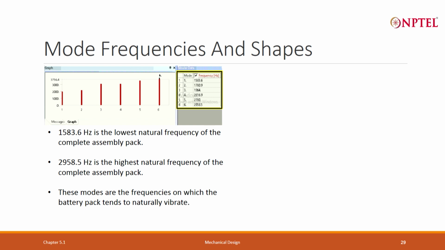What we are interested in is where the natural frequencies would be, because at natural frequencies the amplitude, the deflection, the deformation would be maximum. 2958.5 hertz is the highest natural frequency. So, these are the modes where the battery tends to vibrate naturally, that means the amplitude would be maximum.